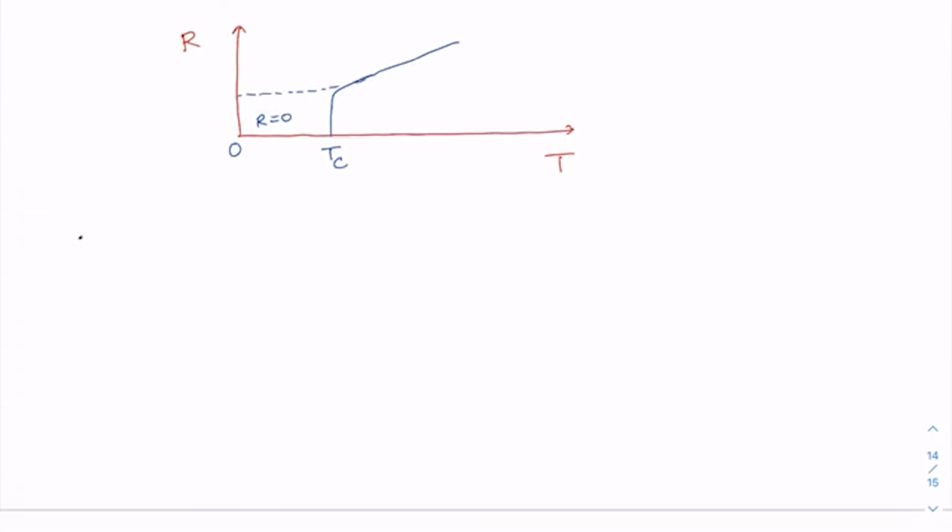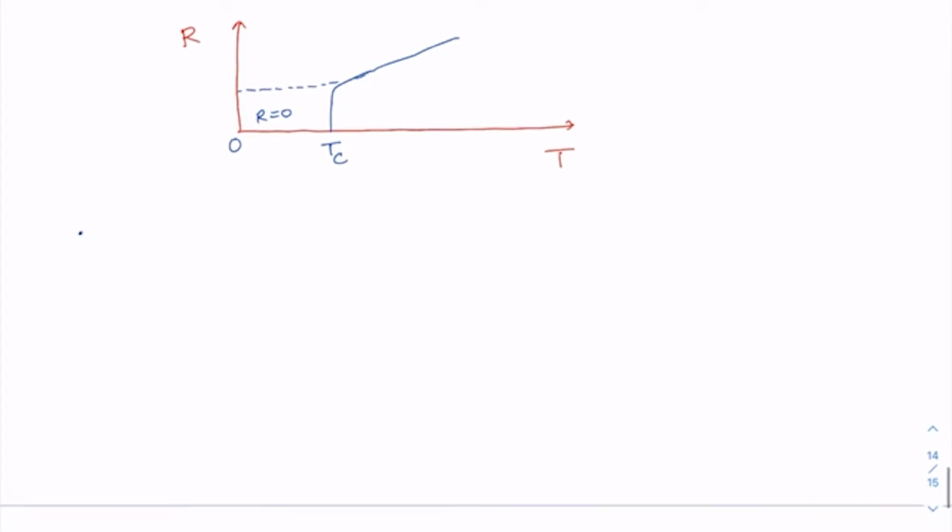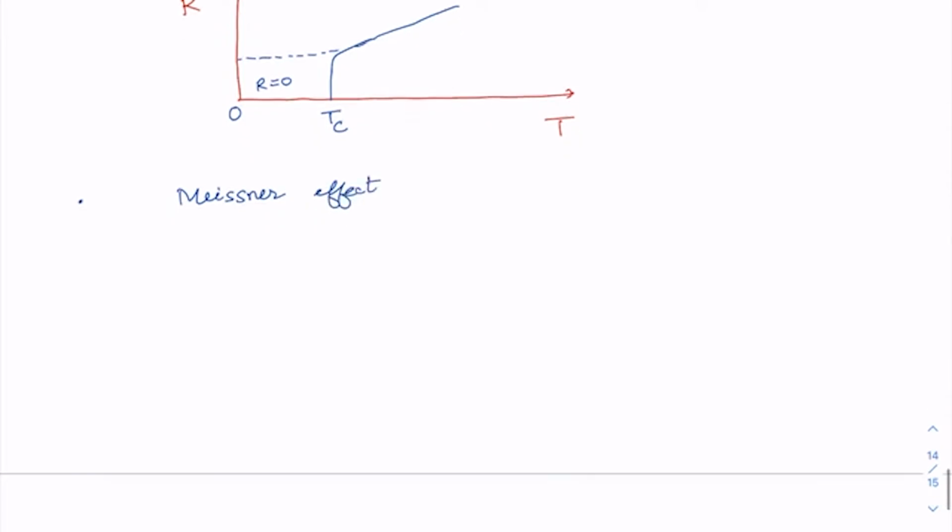One of the most interesting features of a superconductor is that it can completely expel a magnetic field. This is the so-called Meissner effect. So what happens here is that suppose you place a normal metal like this in a magnetic field.